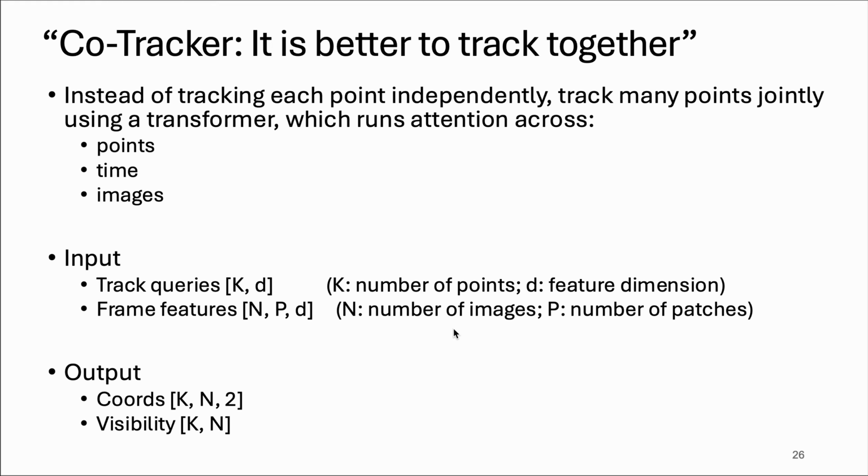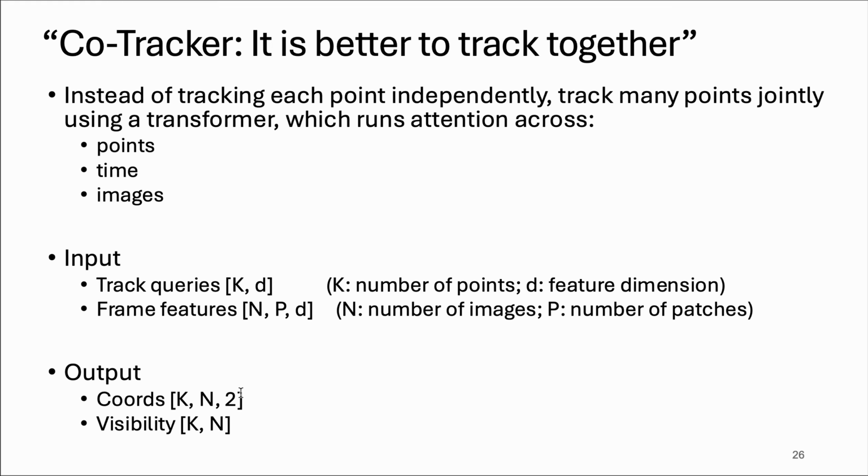This is also a transformer architecture. The input is a track query, so the network can track k query points simultaneously, where k is the number of query points. D is a feature dimension, because it uses the image tokens as input, so D is the feature dimension coming out of the transformer module.